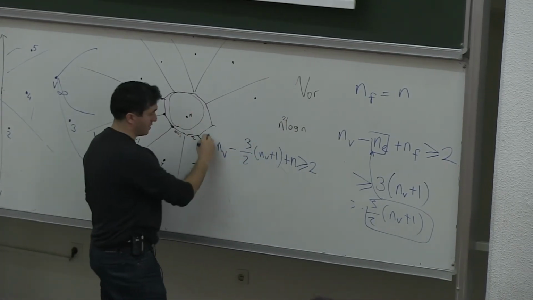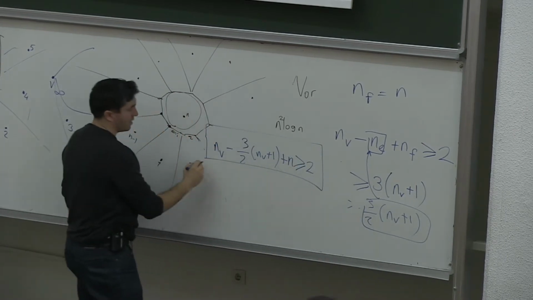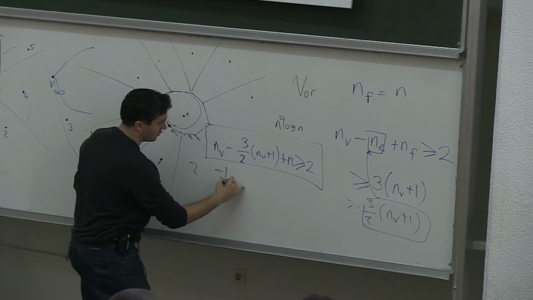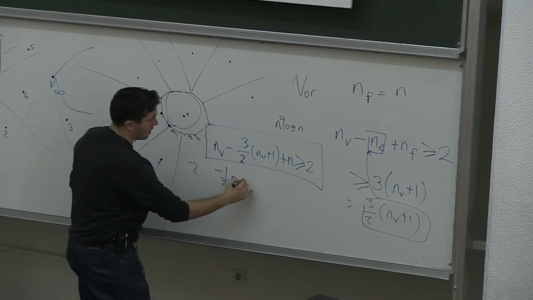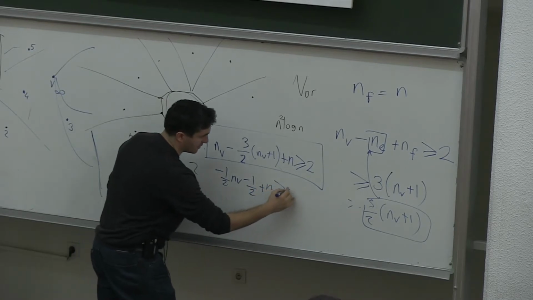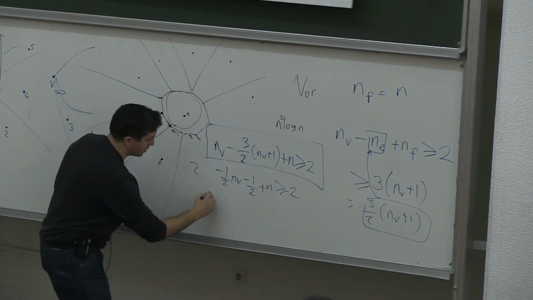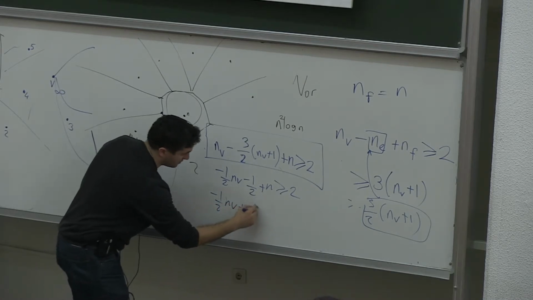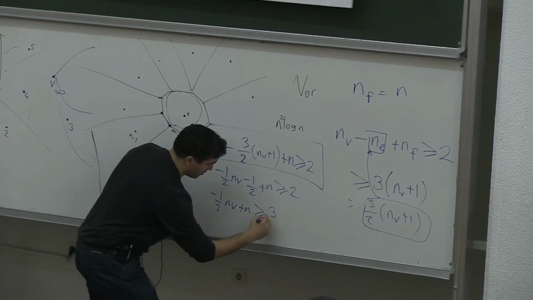So this is what we get. And this is going to be minus 1 over 2 number of vertices minus 1 over 2 plus n greater than or equal to 2. So it's going to be minus 1 over 2 nv plus n, 3 over 2.